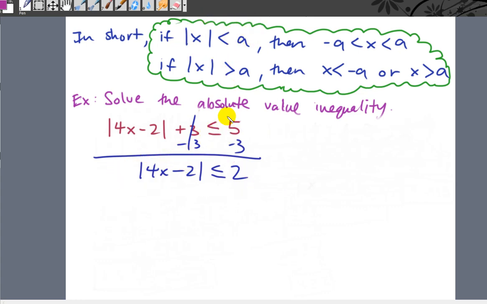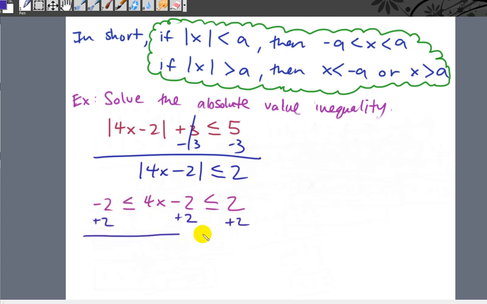If we were to manipulate this, this is the same thing as negative 2 is less than or equal to 4x minus 2 is less than or equal to 2. Now what we want to do is try to get x isolated. So what I see is we can add 2 to each of the bounds here.